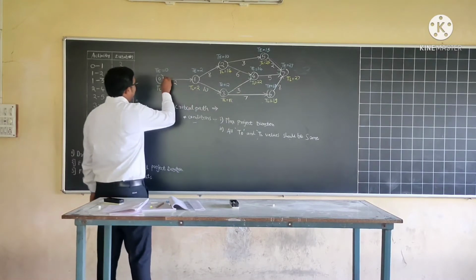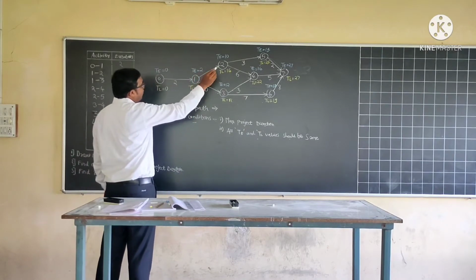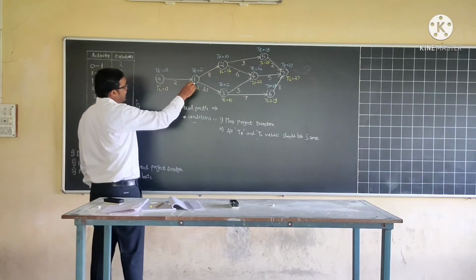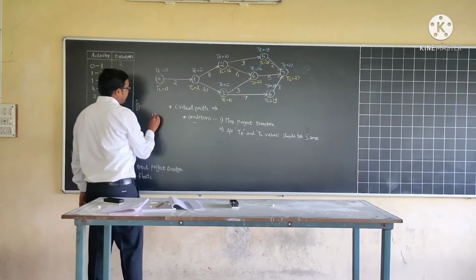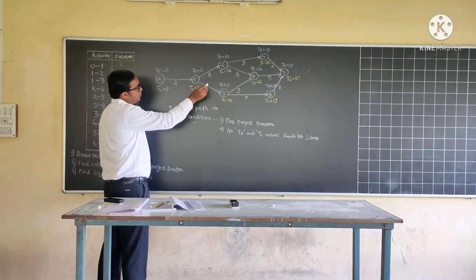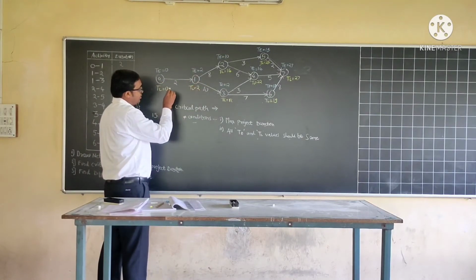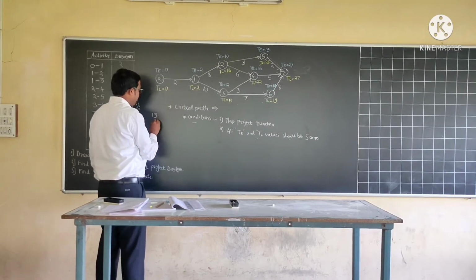Let us start with path number 1, that is 0, 1, 2, 5, 7. So 2 plus 8 plus 3 plus 2, total 15. Second path is 0, 1, 2, 4 and 7. So 2 plus 8 plus 6 plus 5, 21.